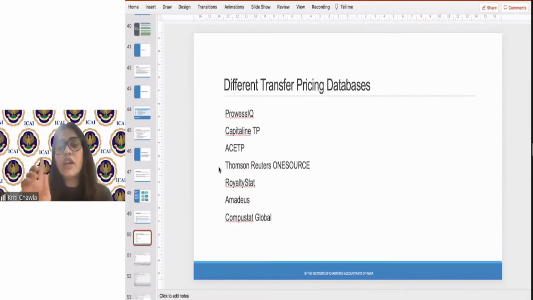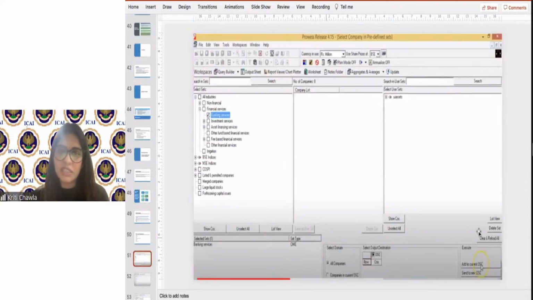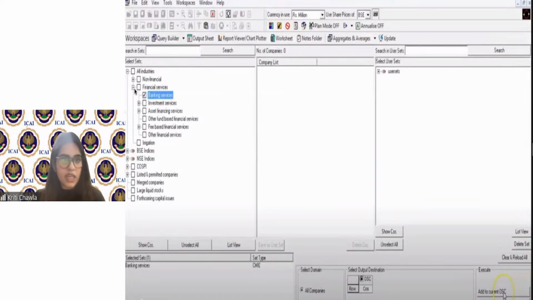Now, after you have made a selection on the database, this is how it looks. This is an example of how Prowess really looks. If you look at this particular figure here, it says that you need to find out companies. Now, the company that I need to find comparables for, my client or my related party, is a banking company.